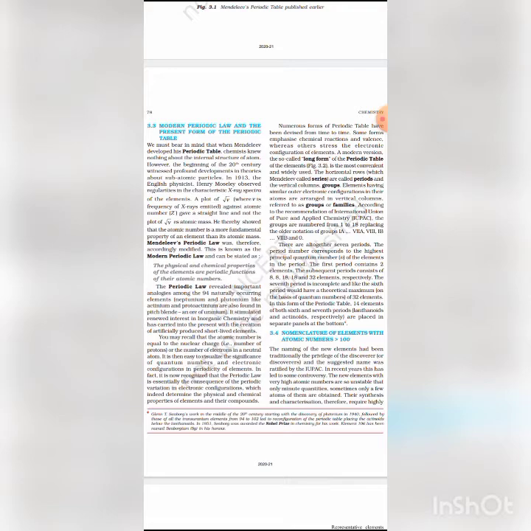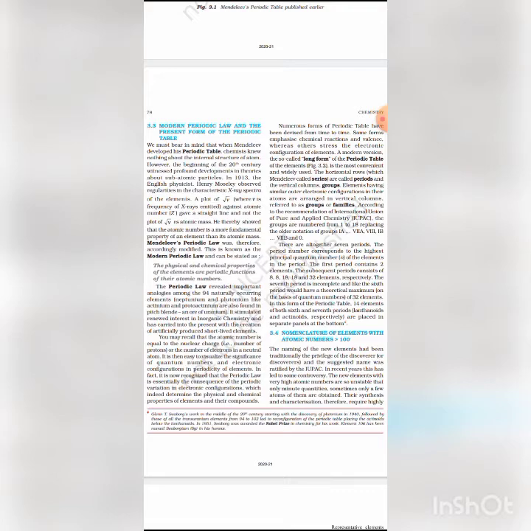Elements belonging to groups 1 and 2 are called S block elements, and in this block the valence electrons are filled in the S subshell. That means the last shell electrons of each element will be in the S subshell. P block elements are those of groups 13, 14, 15, 16, 17 and 18.